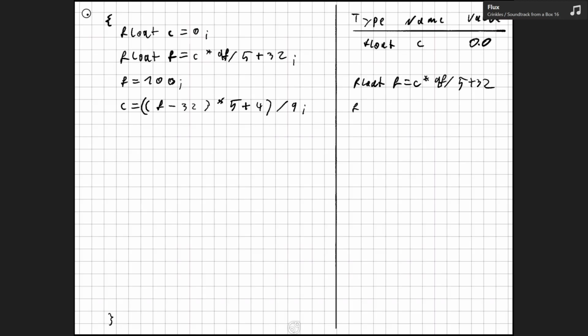So we have the float f equals 0 times 9. Both are floats, so we can multiply, which is just going to be 0. But specifically, it's going to be a float. Float times float results in a float. Integer times integer results in an integer. And we divide that by 5 and add 32.